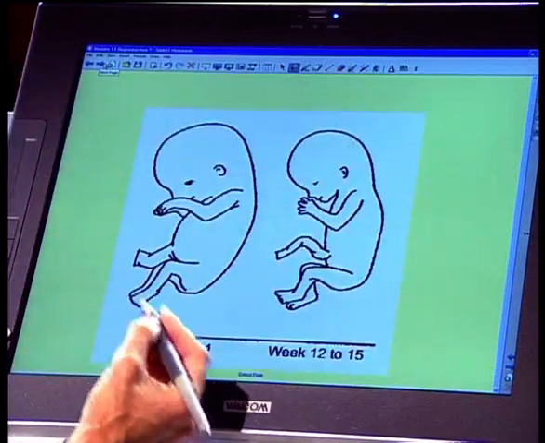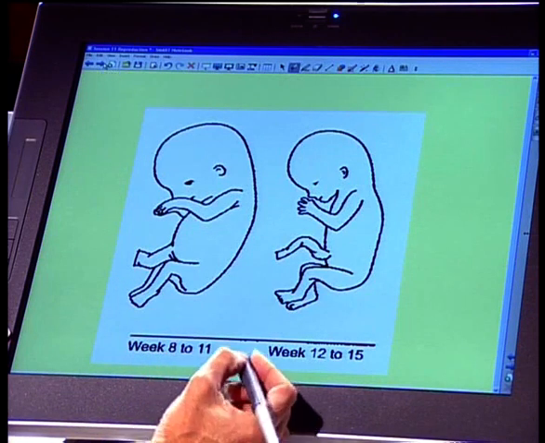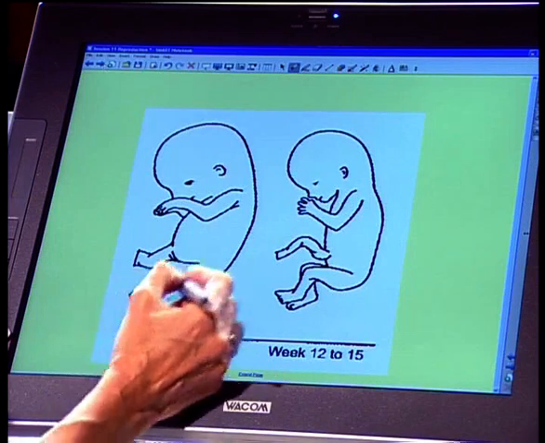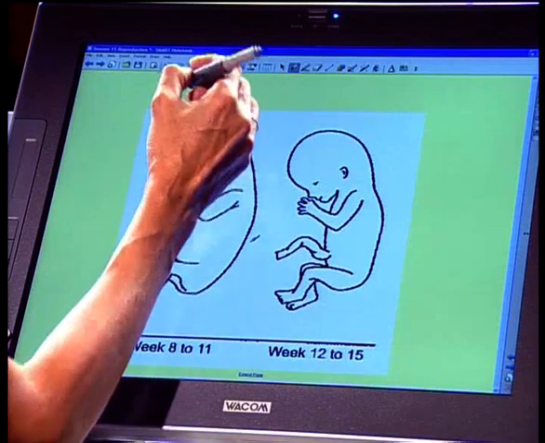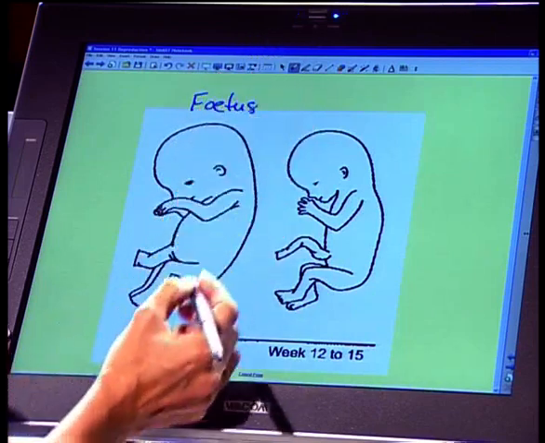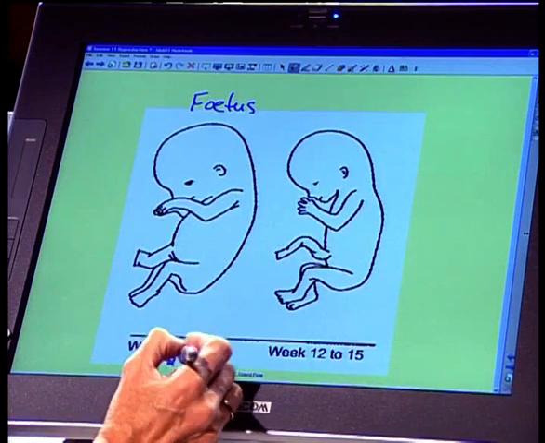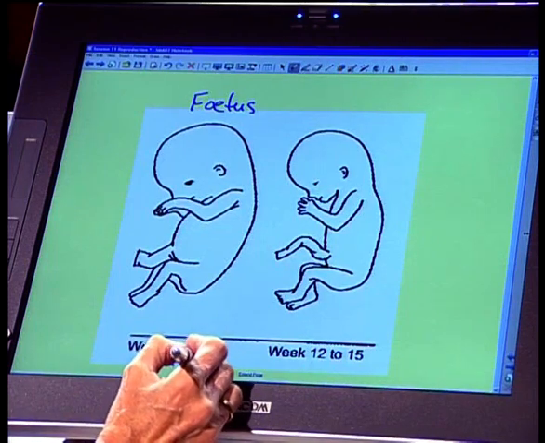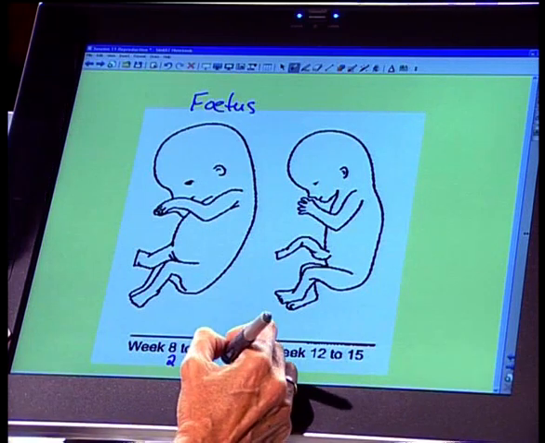All right, now people look at this, and this is why I put these diagrams in. At this point we now start looking not at an embryo, but we start calling it a fetus. This fetus is 8 weeks, about 2 months, to 11 weeks, which is approximately 2 to 3 months.